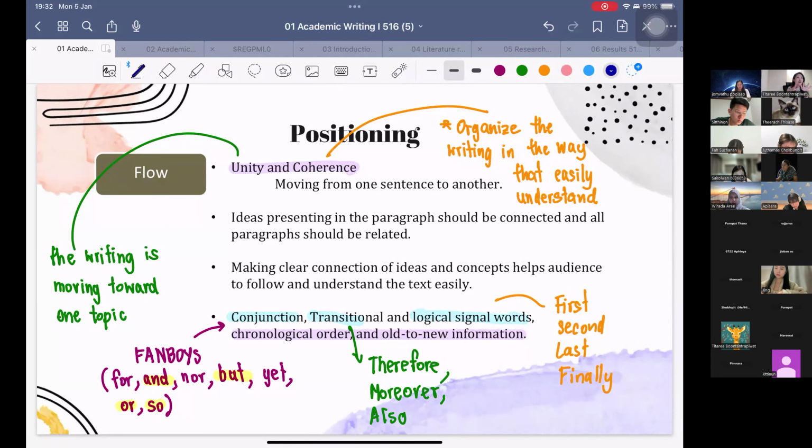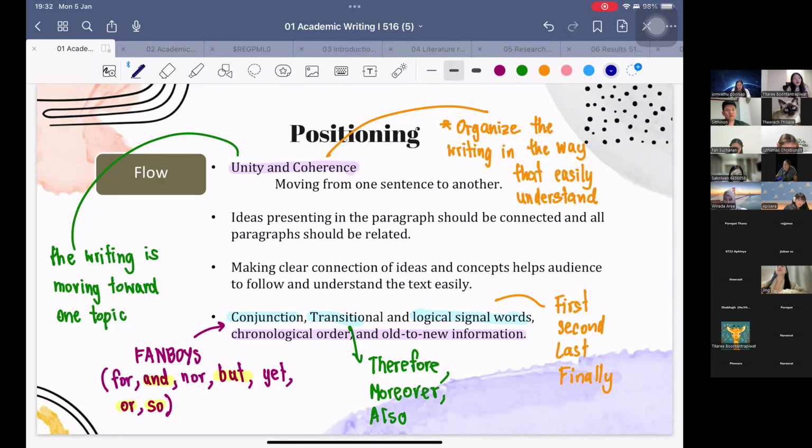However, from a writing perspective, unity means the whole writing is moving toward one topic. So if your writing is about cardiovascular disease, everything in it should be linked to heart disease. That is unity. Coherence means that when you write, you organize the information in an easy way to understand.